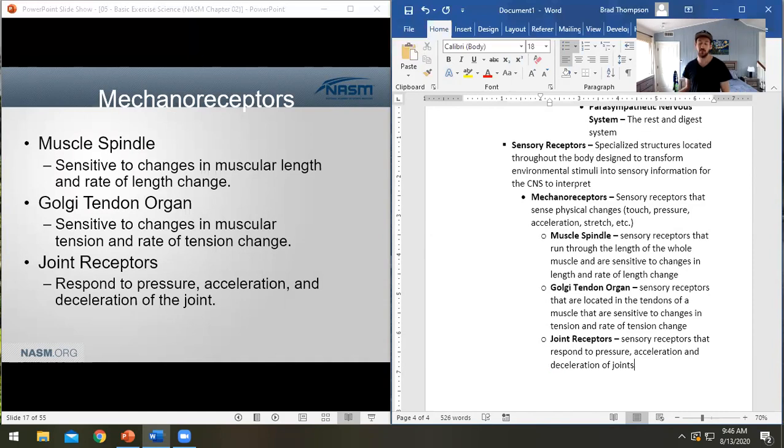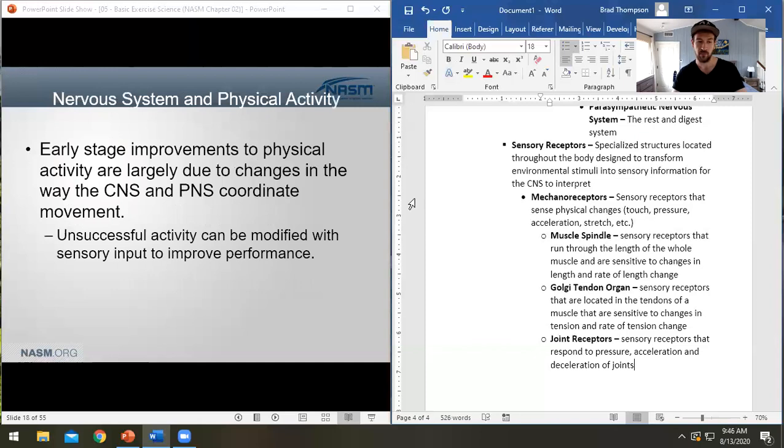So again, that's also how your body understands where it is in space. If there's a lot of pressure here, this is at a certain length, and this is at a certain tension, my body knows that my arm is here. But if all those numbers change, then it knows that it's here and here and here. And that's how I have proprioception, thanks to all these receptors sending info to the brain.